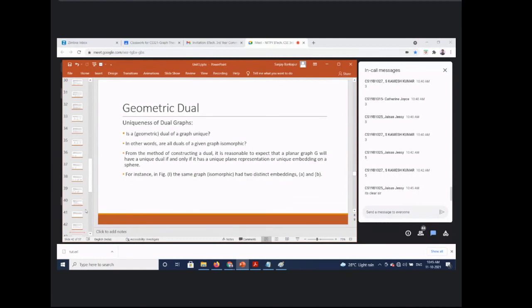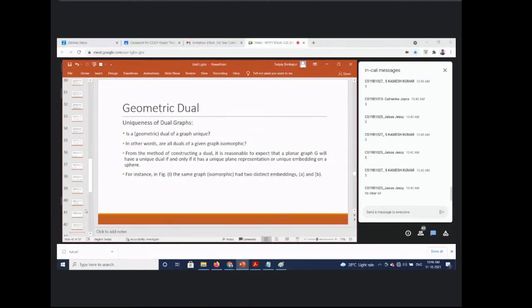I have a graph, and it can be represented on a plane, so it's a planar abstract graph. There are 2 students, each has represented it differently. Their embeddings are different, but they are isomorphic to each other.